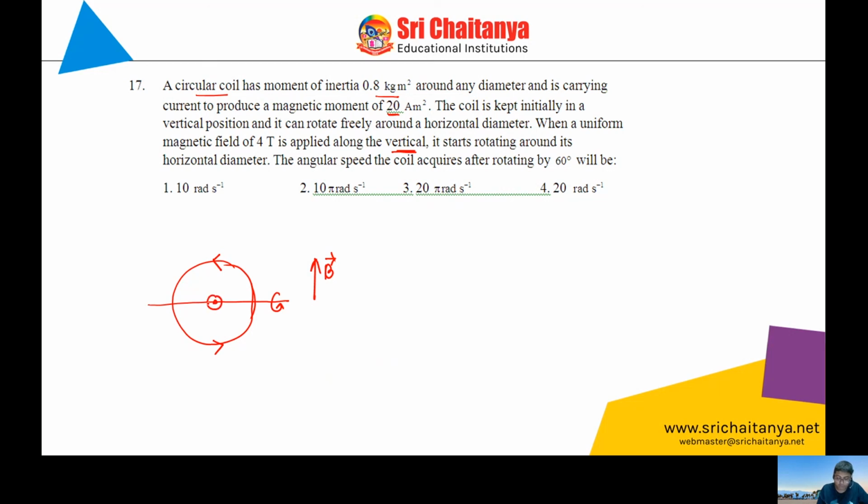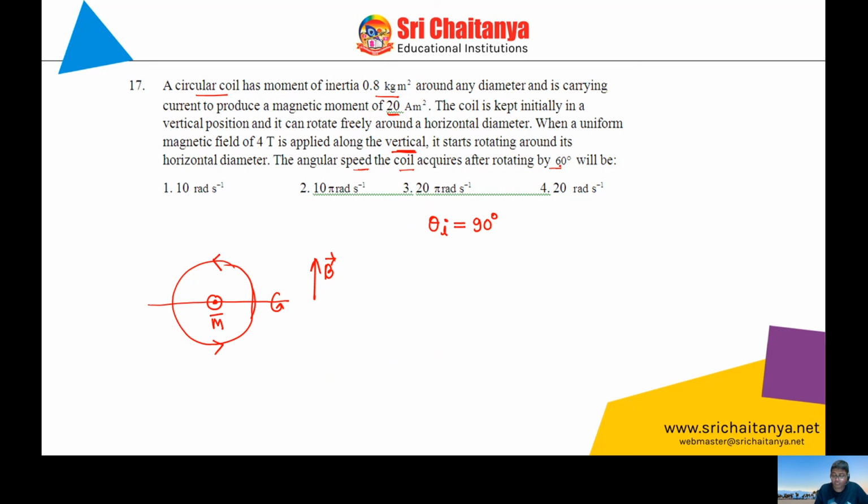So initially, the angle between the magnetic moment vector and the magnetic field vector is given to us as theta i is 90 degrees, you should realize. And they have said that you are required to find out the angular speed of the coil after rotating by 60 degrees.